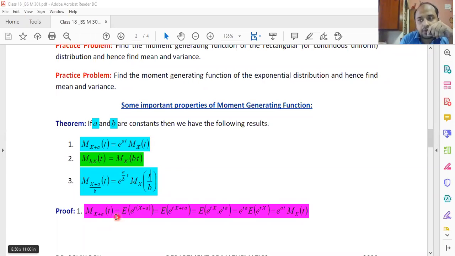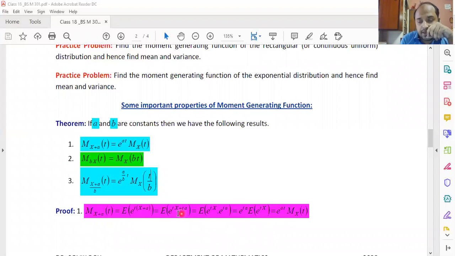So I'm here showing you these simple proofs. So you just don't panic, okay? First of all, I'm writing this, M of X plus a of t. You see, I'm simply using the definition of the moment generating function, but the variable is now considered as capital X plus a. You know the moment generating function MX(t) is the expectation of e to the power tX. Here in place of X, I'm putting X plus a.